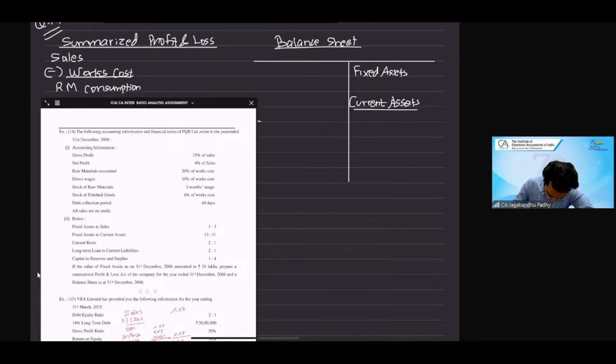So that will comprise raw material stock, then finished goods stock. Since we have debt collection period also, we'll have debtors or the receivables balance, and we'll say this may be others. So these current assets will comprise these items.